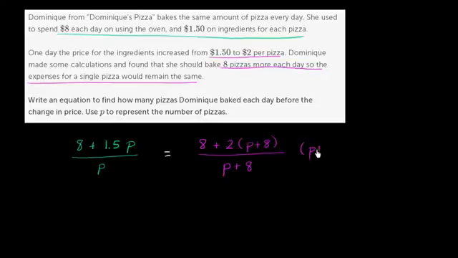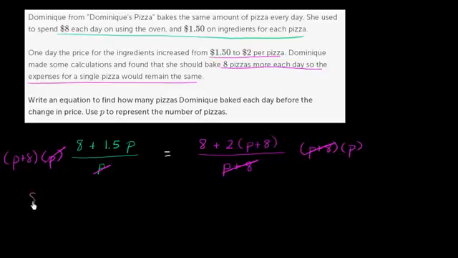So if we multiply by P plus 8 and we multiply by P, that cancels with that and cancels with that. On the left-hand side, we have to just do the distributive property twice. What is P times 8 plus 1.5P?